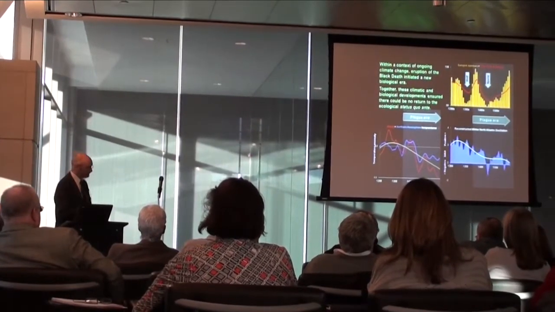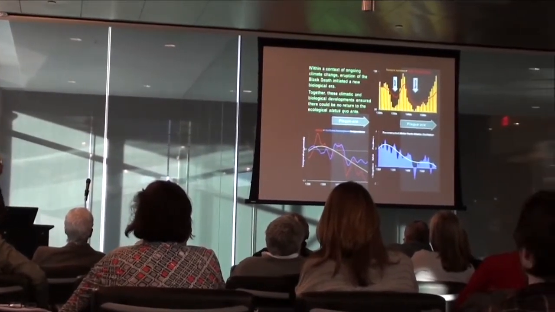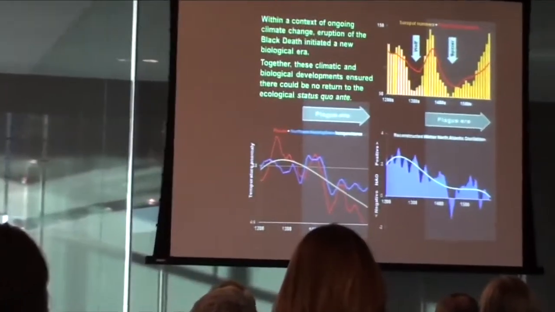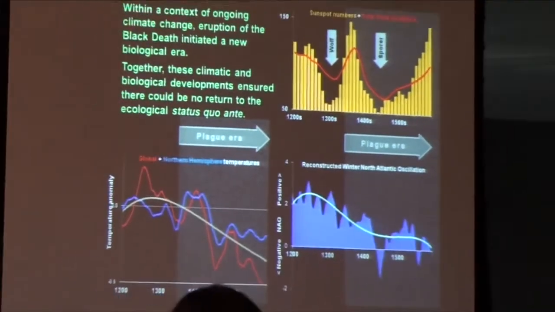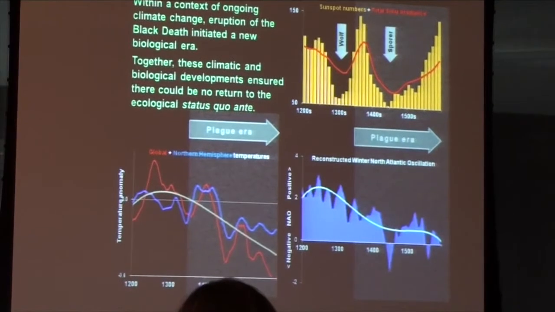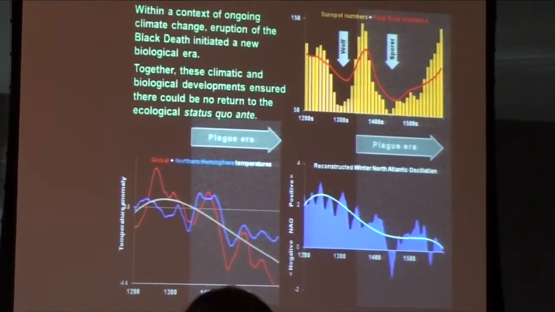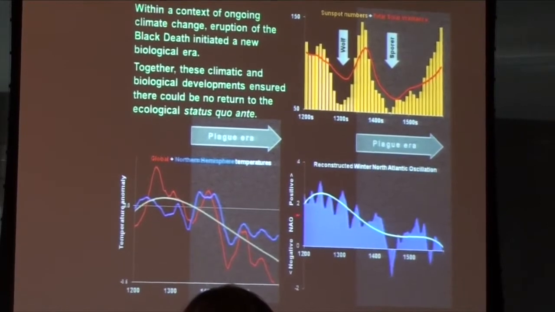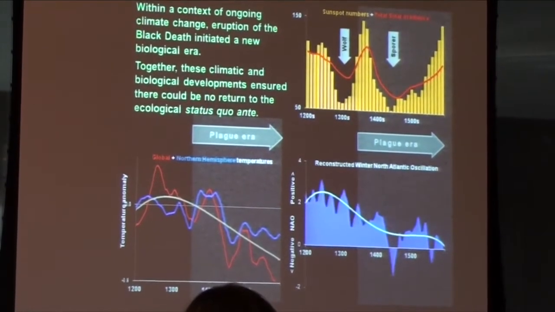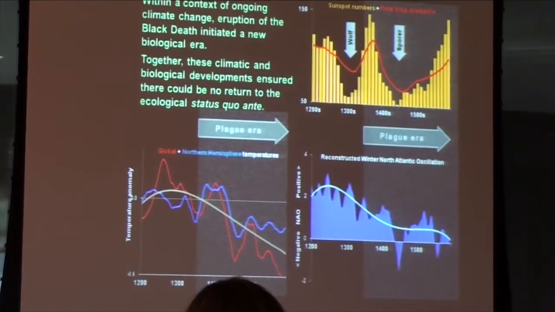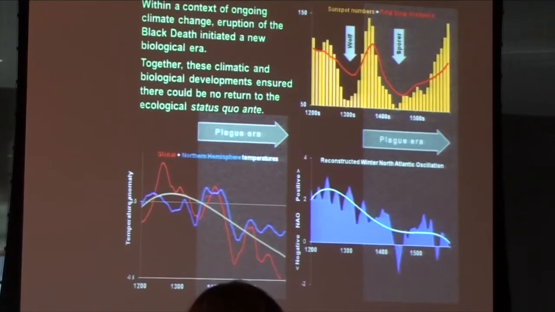And I put up there a few indicators of climate. This is solar irradiance, which John Book and I are reassured has an important bearing upon global climate systems. This is the North Atlantic Oscillation, which determines how mild and wet or cold and dry the weather is over northwestern Europe. And these are two temperature reconstructions.